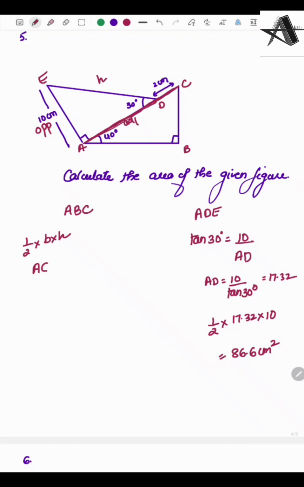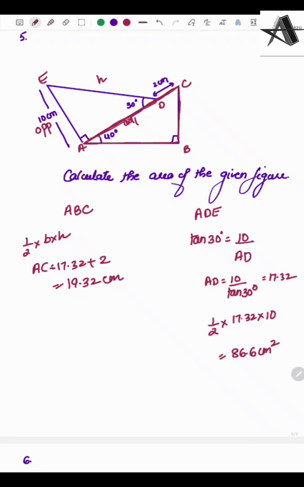AC is what? 17.32 plus the 2 centimeters, which is already given in the question, gives me 19.32 centimeters. If I focus on this triangle only, ABC, I have one angle and hypotenuse. What I need is to calculate base and height, that is opposite and adjacent both. So let me apply both trigonometric functions one by one.